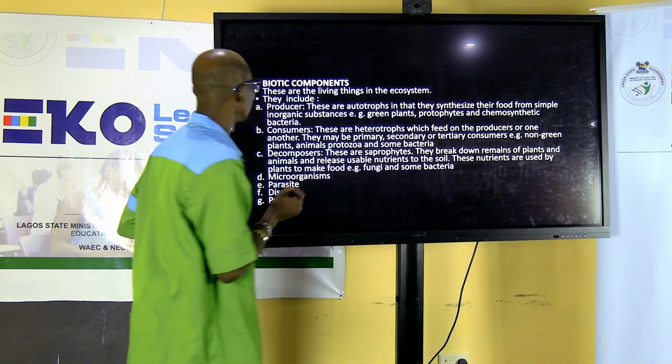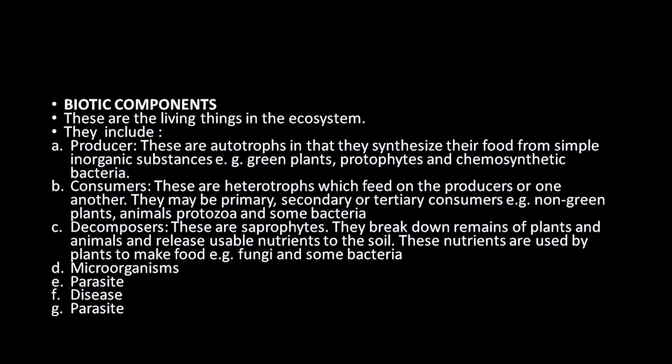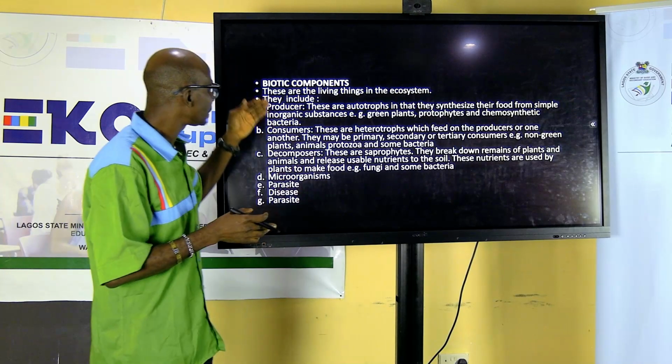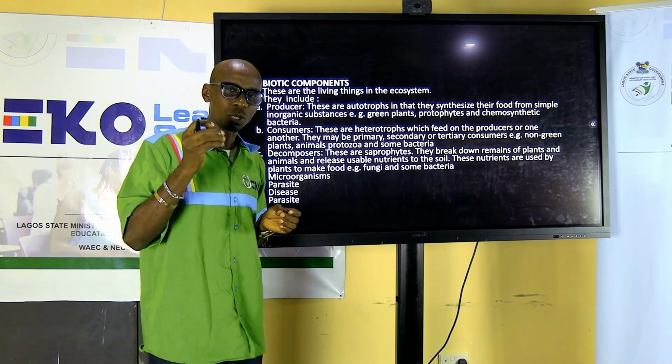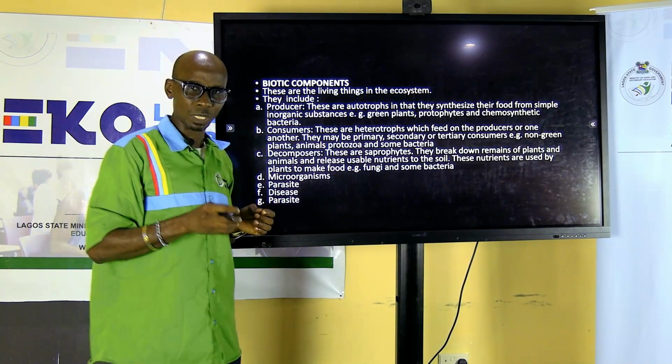The next one is biotic components. Biotic components are the living parts of the ecosystem. Animals, plants, microorganisms, decomposers, parasites, predators, diseases, all these make up the biotic component. Each and every one has one influence or the other.